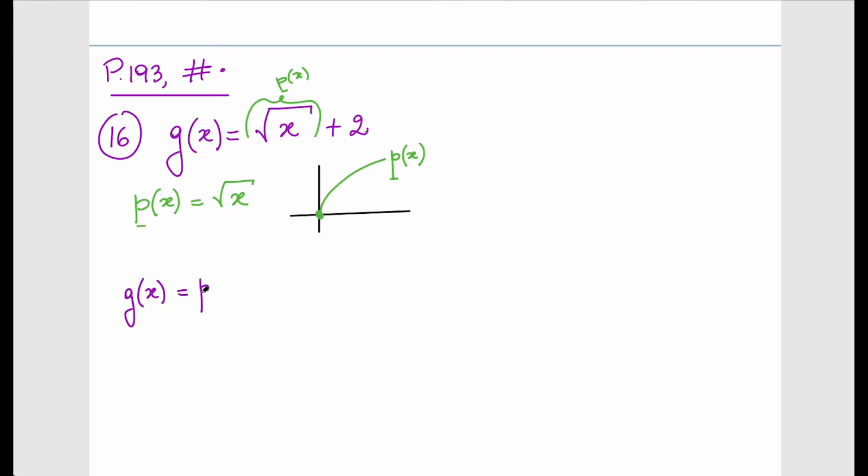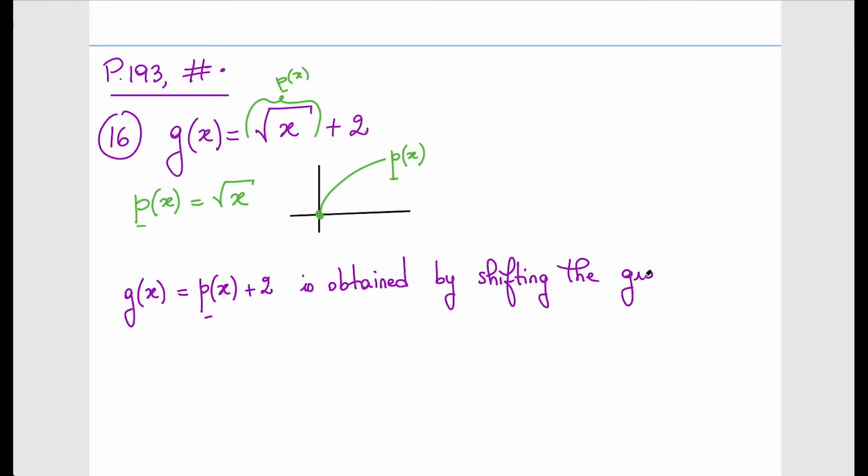So g of x, which is p of x plus 2, according to the discussion above, is going to be obtained by shifting the graph of p upward a distance of c of 2 units, right?